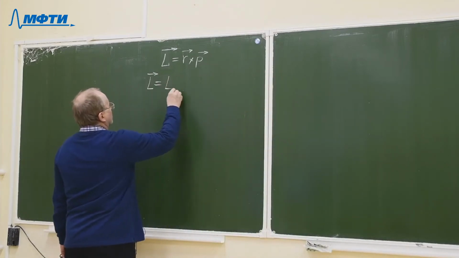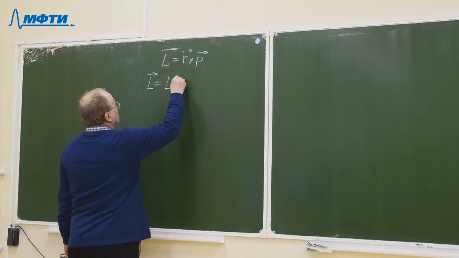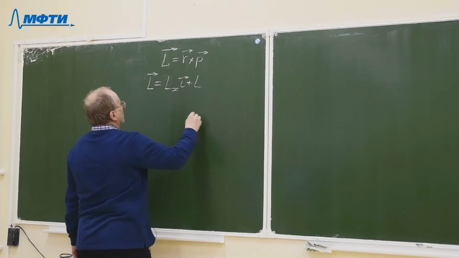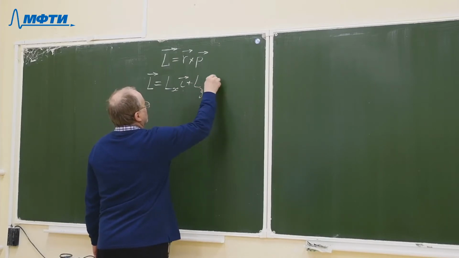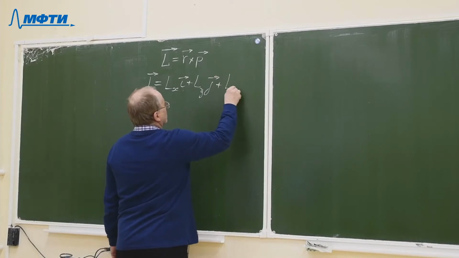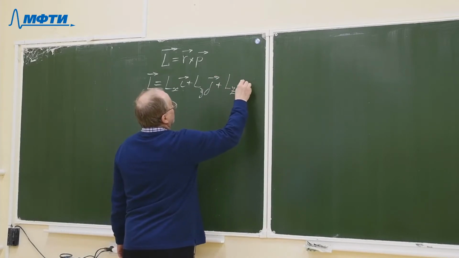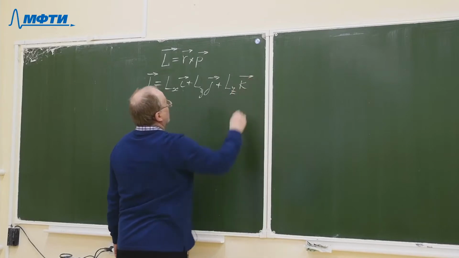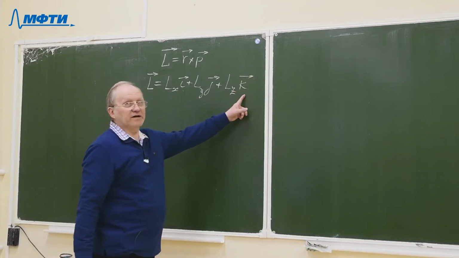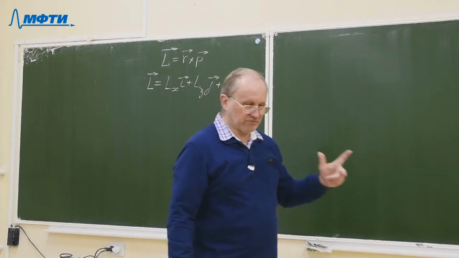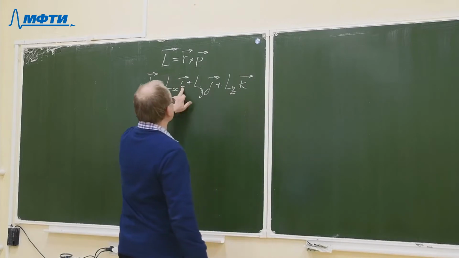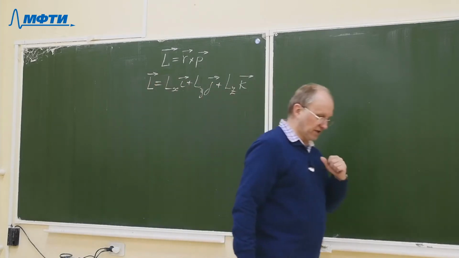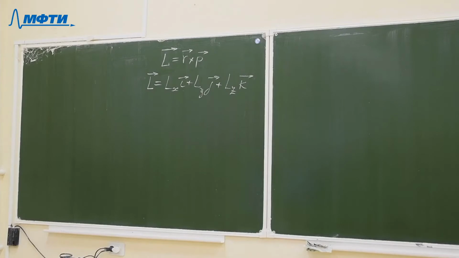So there is a component along the x-axis, a component of the vector along the y-axis, and another component along the z-axis, where i, j, k are unit vectors directed along the three axes of the Cartesian coordinate system, coordinate frame.